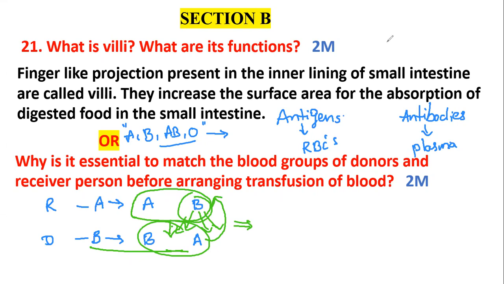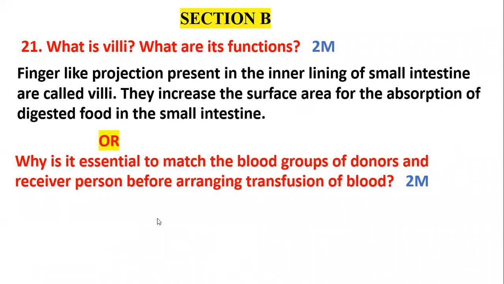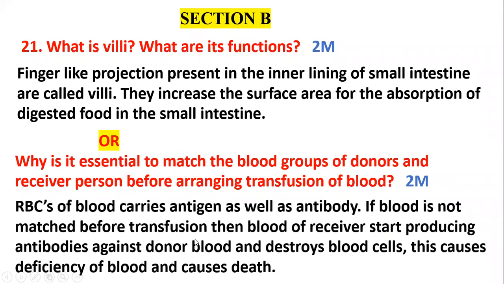Have a look at the answer. Have you understood the concept? This is how it will be if we take unmatched blood. That's why it is very important to arrange the correct or suitable blood group. RBCs of blood carry antigens as well as antibodies.